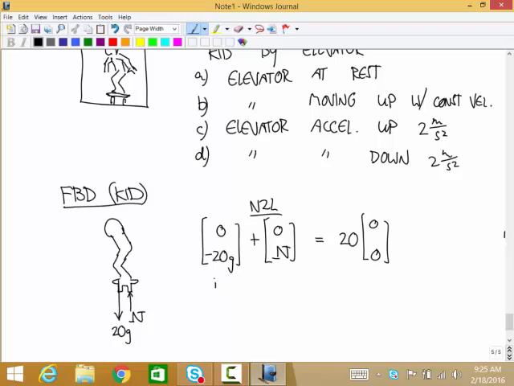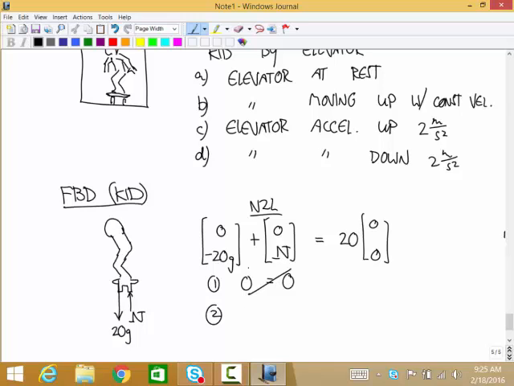So you get two equations. The first one says 0 equals 0. That's reassuring. You know, it would be pretty alarming if that wasn't true. But then the second one is where we get some information out of this.